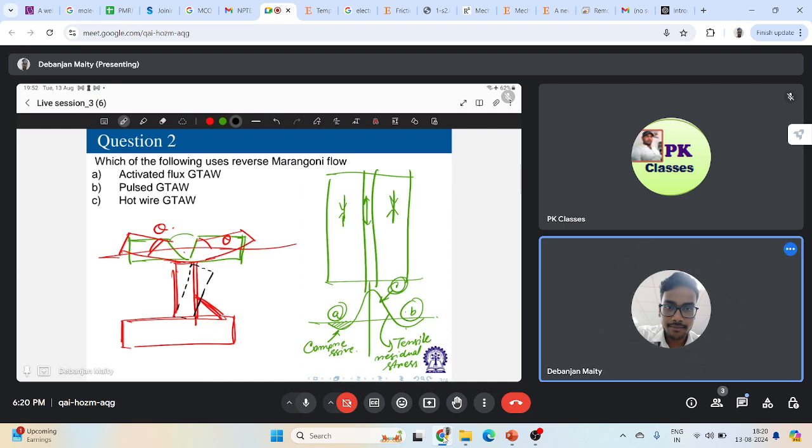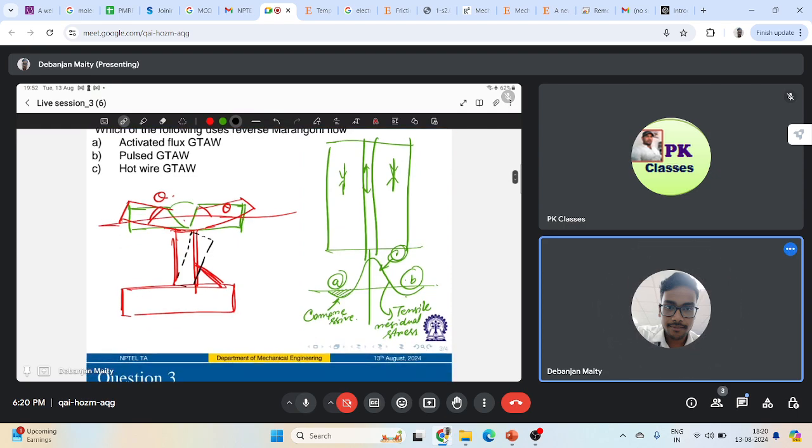And how can these things be minimized? How can you minimize the distortion of your welding joint? The basic principle is you have to somehow reduce your total heat input to the weld, right? So either you can do some pulse heating or you can do some.